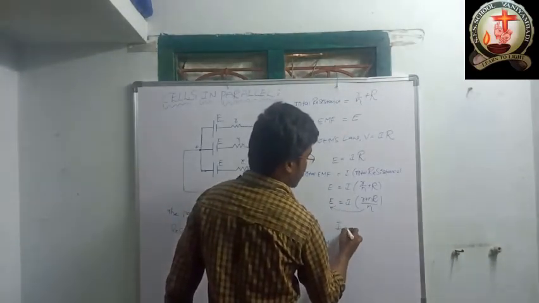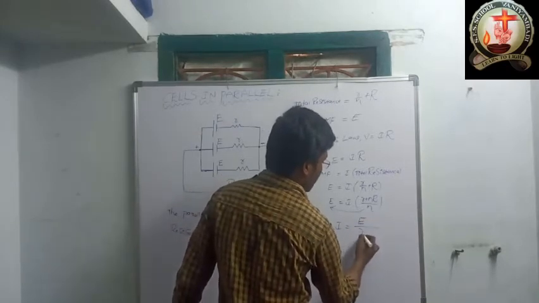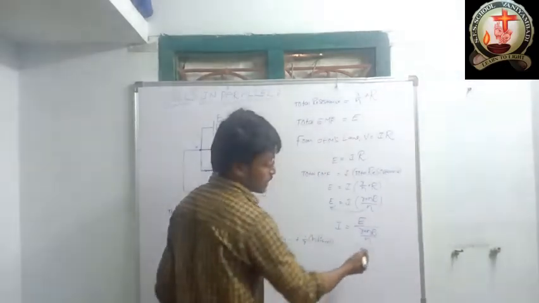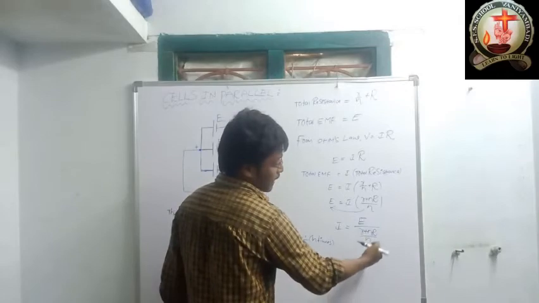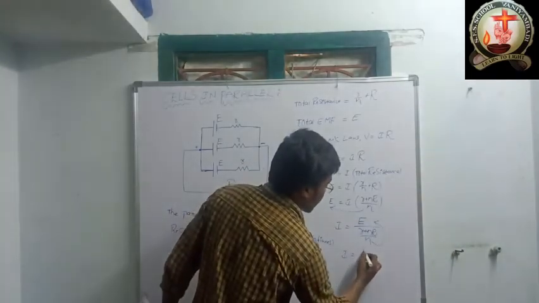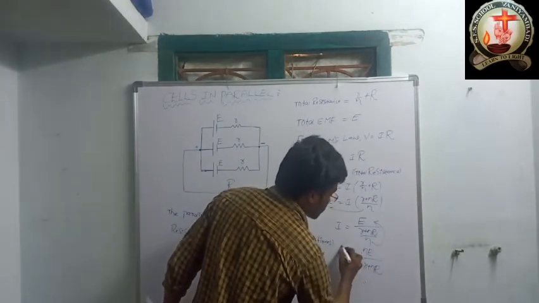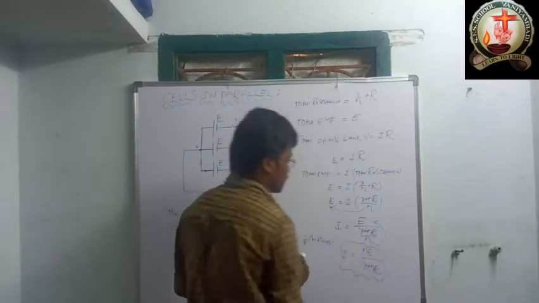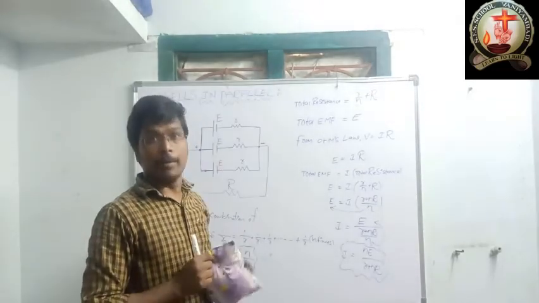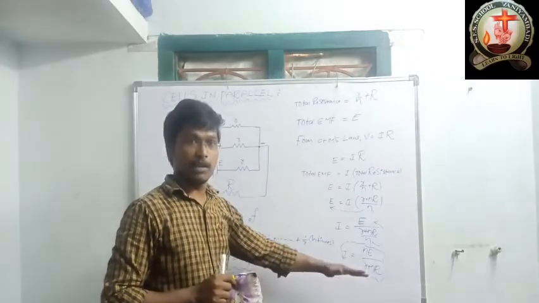So I is equal to E by (R plus NR) by N. Now this N is in the denominator, so it will go to the numerator. So I is equal to NE by R plus NR. This is the final expression of the current in cells in parallel format.